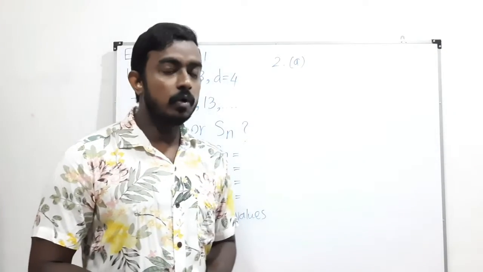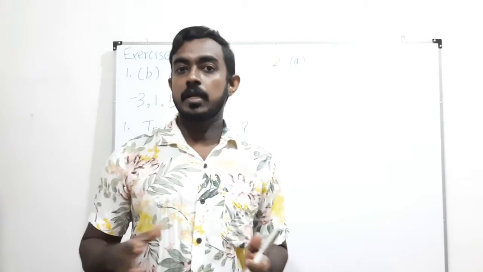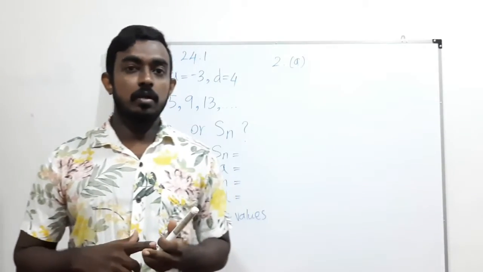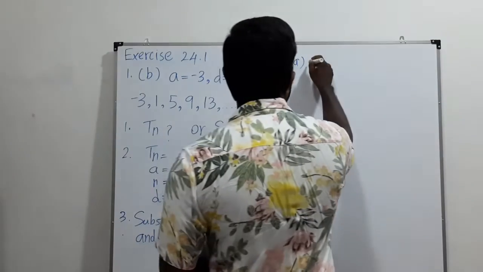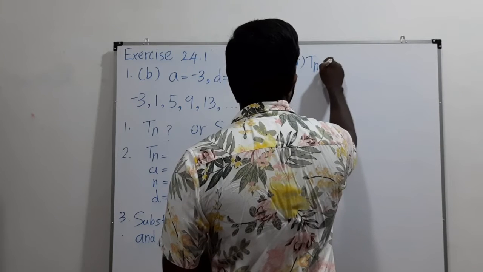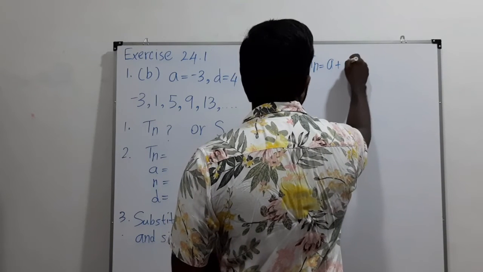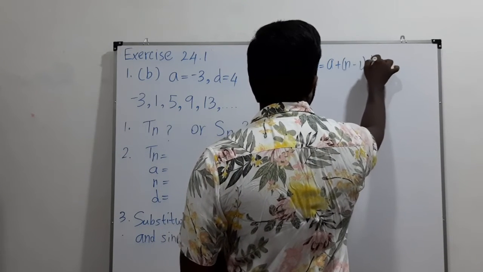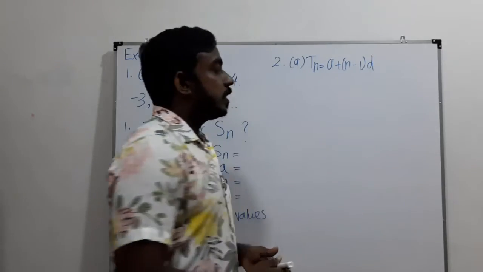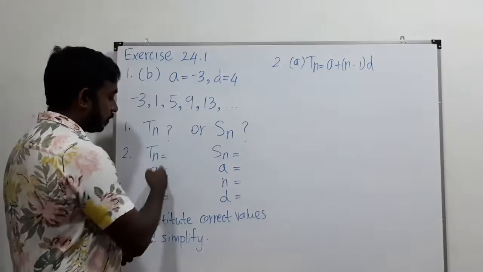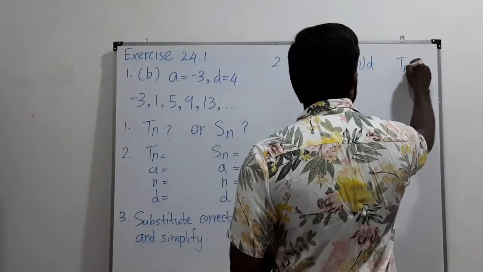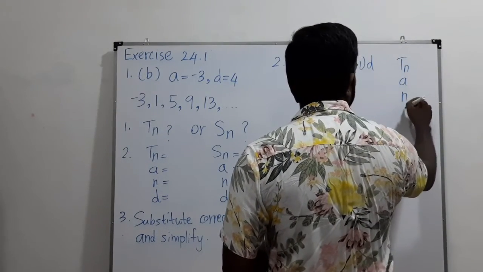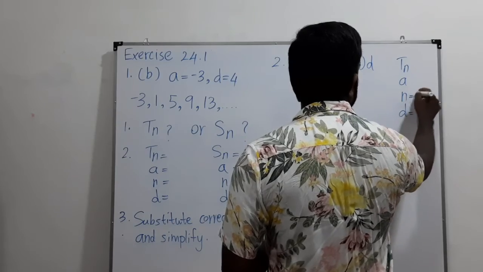Now you know, because they have not mentioned any summation, total, all, or likewise synonyms, we can use Tn. So we can write that Tn equals a plus (n minus 1) d. Now, next step was to write down these four terms like this: Tn, a, n, and d.